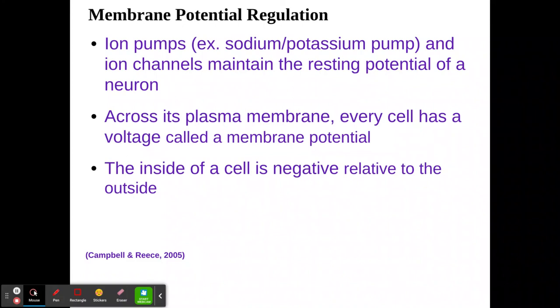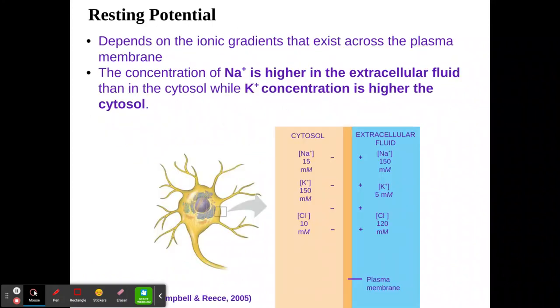It's about negative 70 at resting. And the reason why is that we're going to have sodium in a higher concentration in the extracellular fluid than in the cytosol. So we can see sodium in the extracellular fluid out here. Outside of the cell is where sodium is at its highest, and inside the cell is where potassium is at its highest.